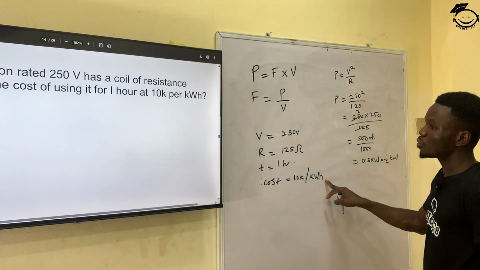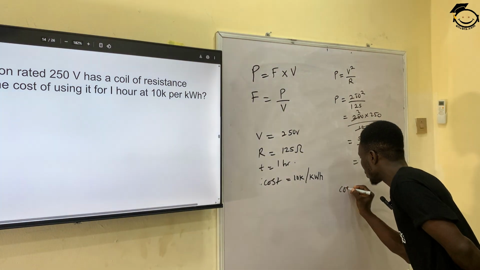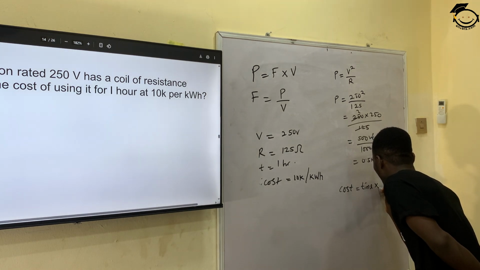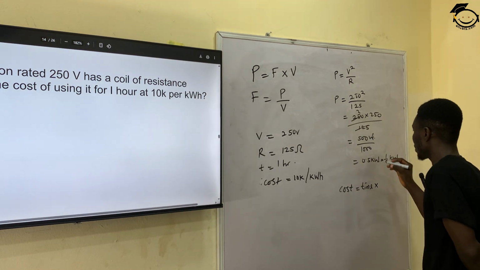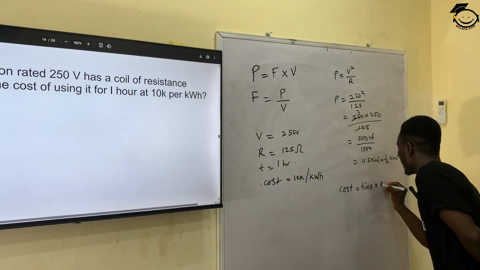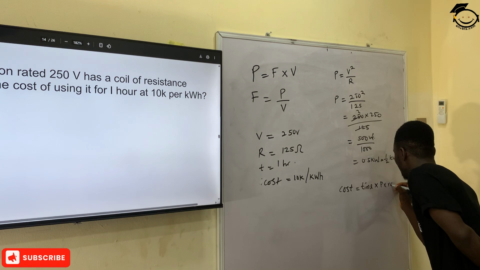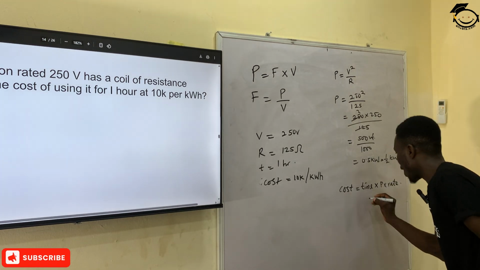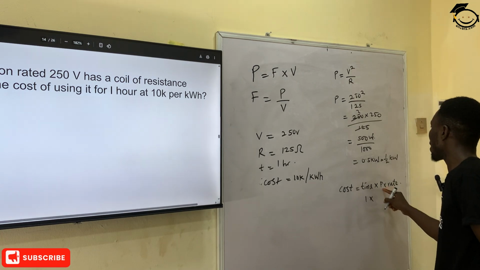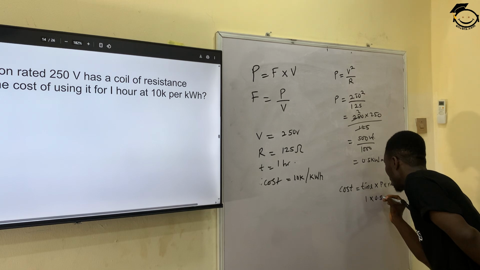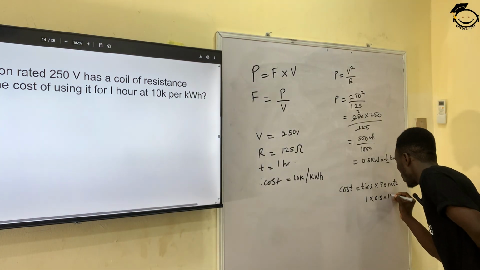So what we have to do here is our cost is simply time times our power times the rate. Since our time is 1 hour, we have 1 times our power here, which is 0.5, times our rate here, which is 10 kobo.